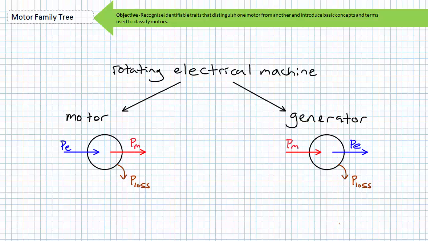Generators convert rotating mechanical power into electrical power minus losses. It's really that simple. There are subtle and not so subtle differences between two machines designed exclusively for one task and not the other. But for the most part, a high-level discussion like this can encompass both aspects.